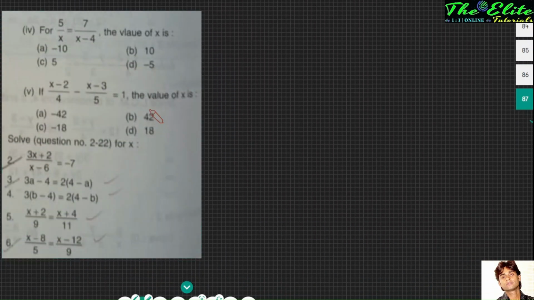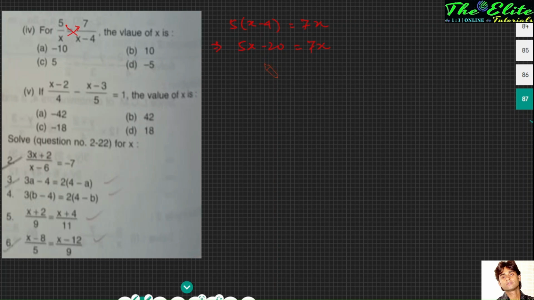So for these questions, again you will do the same that I did earlier. Go for cross multiplication, it will give you 5 times (x minus 4) is equal to 7x. Now the distribution process will make it 5x minus 20 is equal to 7x.